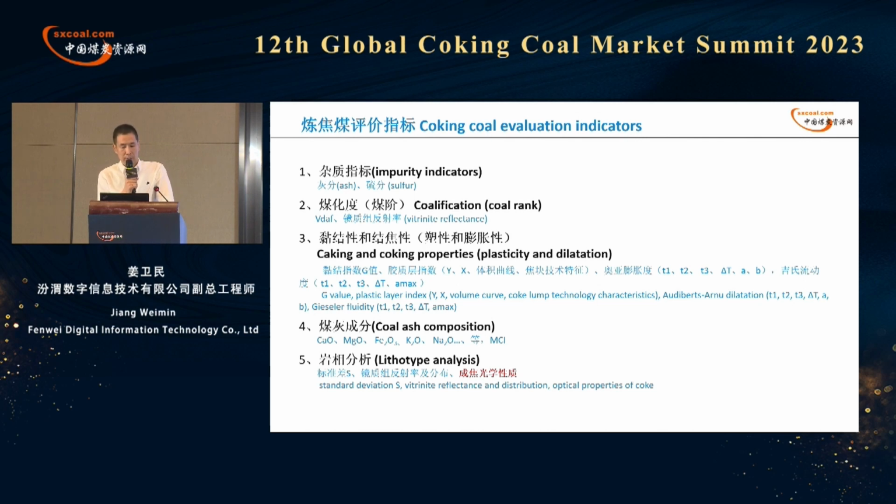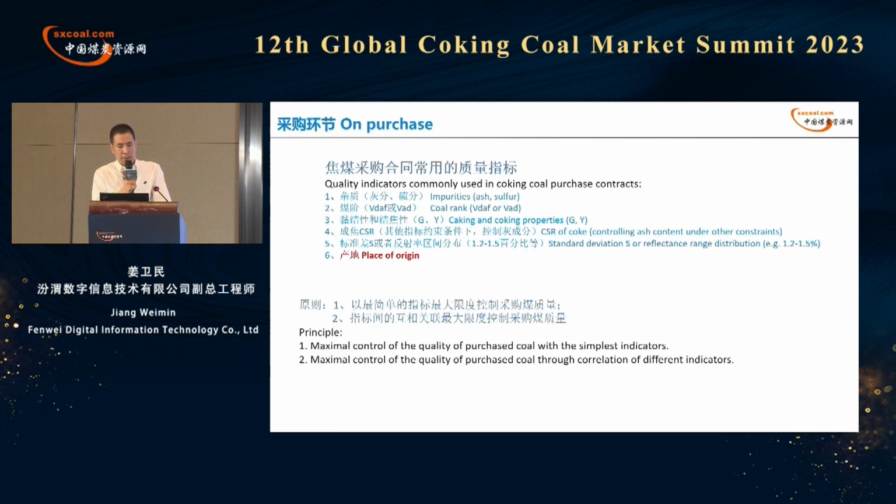And the fifth would be the lithotype analysis, including the standard deviation S, vitrinite reflectance and distribution, as well as optical properties of coke. We, as blenders, use it on a daily basis. All of these indicators cannot always be included in the contract.